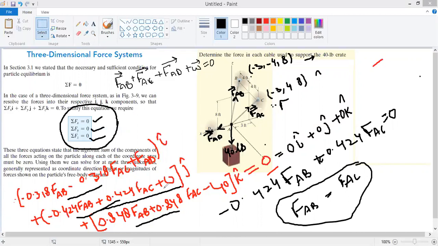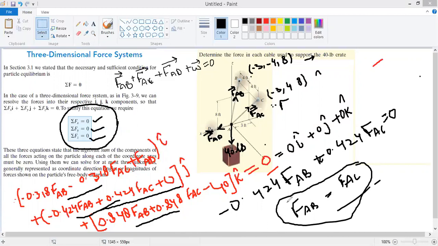So from this equation we have obtained FAB equal to FAC. Now substitute FAB equal to FAC in the rest of the equations and obtain the values of the other components.